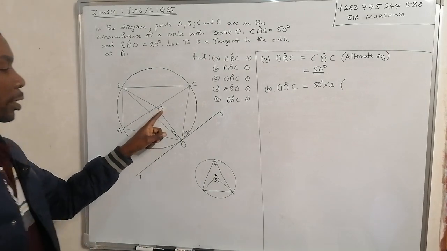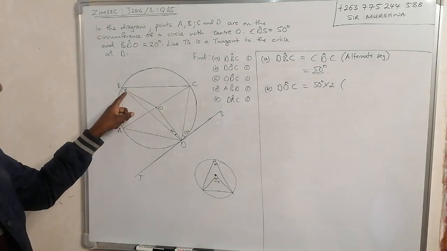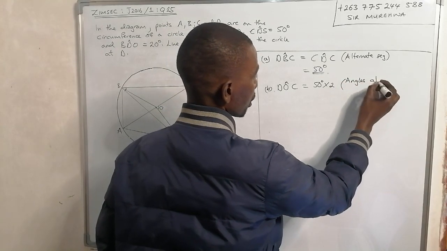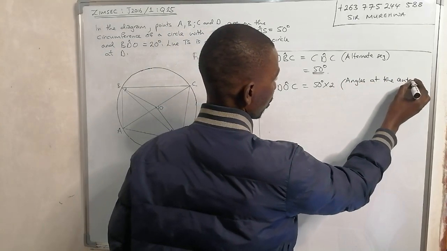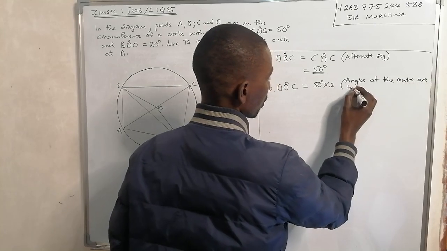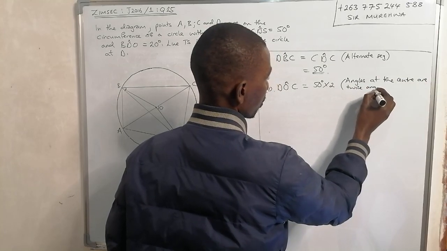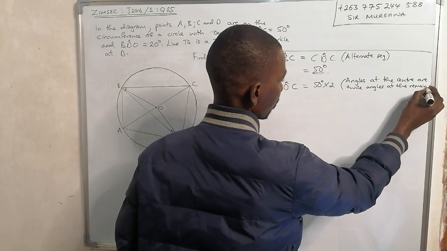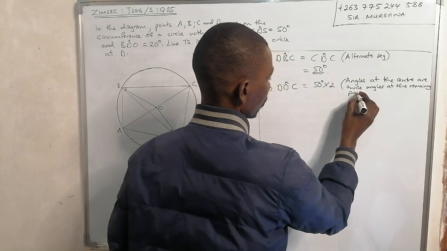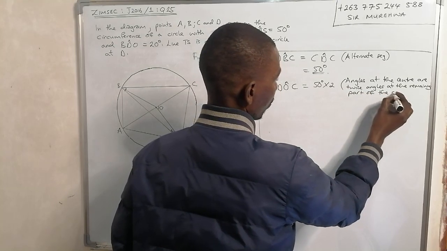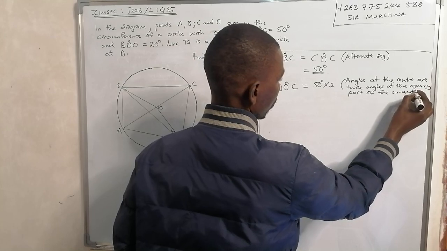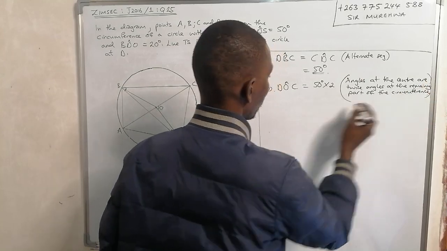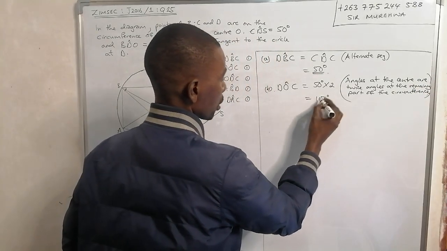Reason: angles at the center are twice angles at the remaining part of the circumference. So this is how we answer this question, which is 100 degrees.